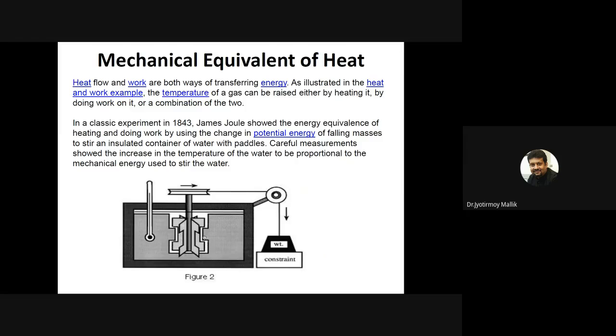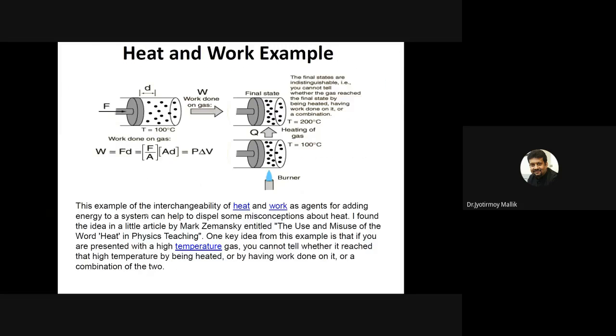This wheel will rotate and elevate the temperature of the water, and we can measure the temperature increase of the water, plot the work done against the temperature increase, and we will see that they are proportional. Now this is what we have been talking about.